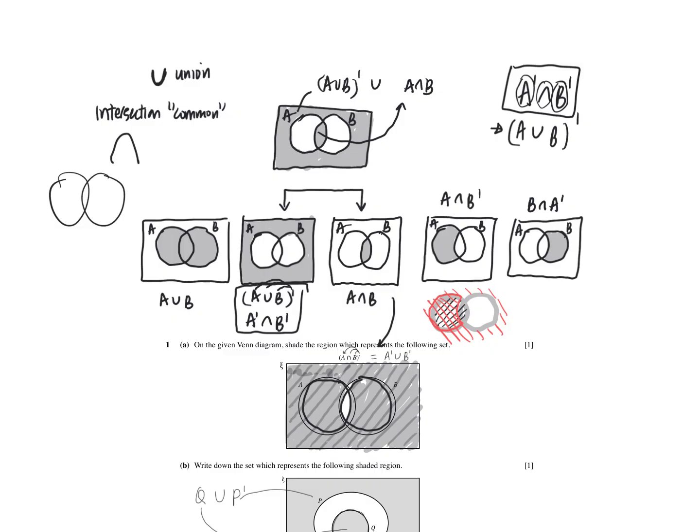And then if I combine these two cases together and I test you, and then I ask you to write the notation, don't need to be scared, just combine them separately. So like this is A intersect B complement, this is B intersect A complement, you just union the two of them.